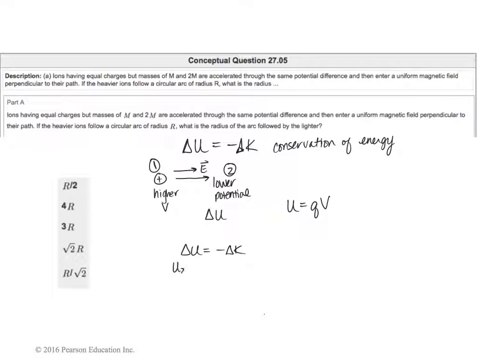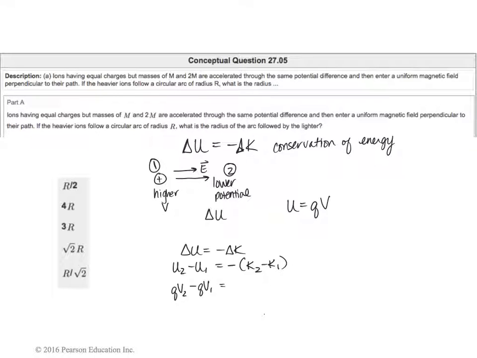This is U2 minus U1, and just to be fair, the change in kinetic energy is K2 minus K1, with that negative sign there. The potential energy it has at the end is Q times V2. Potential energy it has at the beginning is Q V1.